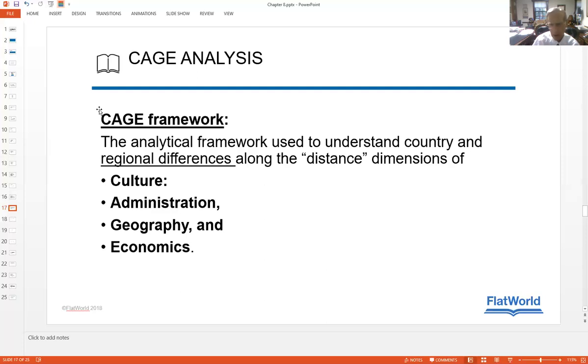So in order to make a decision whether or not to enter an industry, you want to ask yourself what the distance is between your country and that country.